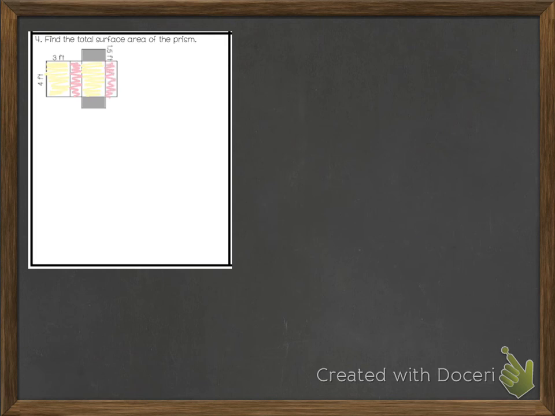Then we have our bases right here. Base, base. So we have 3 different figures on this problem. Let's start with the blue figure, which happens to be our base. Everything that we do when we find the area, we're going to have to multiply by 2, because we have 2 of each type of figure.